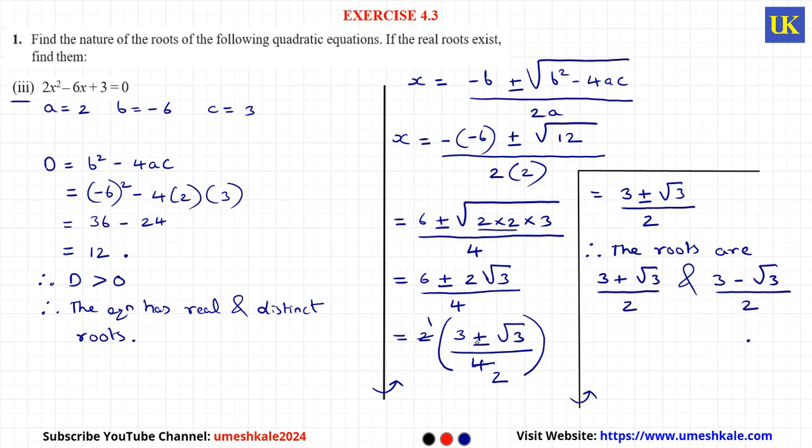So here we had got a value which was greater than 0. So it means the equation has real and distinct roots. That is the reason we get real as well as distinct, meaning different answers. So here we have 3 plus root 3 upon 2, and here we have 3 minus root 3 upon 2. So these are two different things. So we get real and distinct values for this equation.